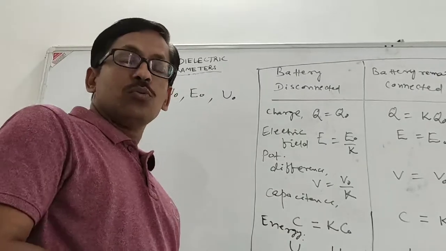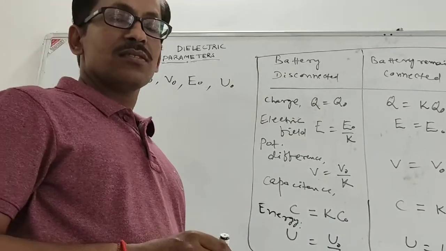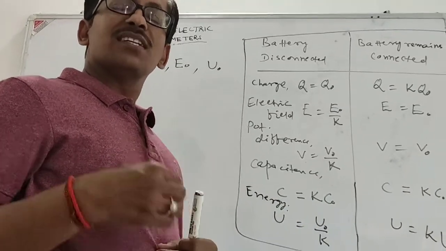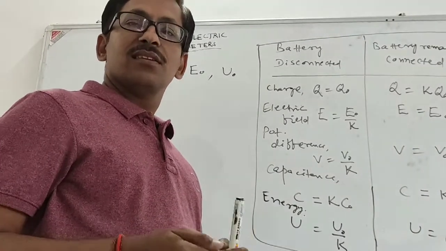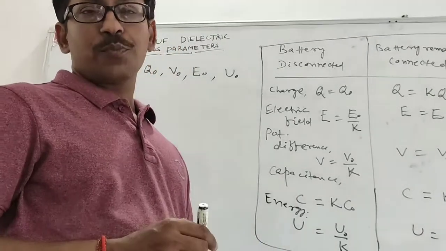So there may be two possible cases. In the first case, the capacitor is charged and the battery is disconnected. In the second case, the battery remains connected and the dielectric slab is introduced.